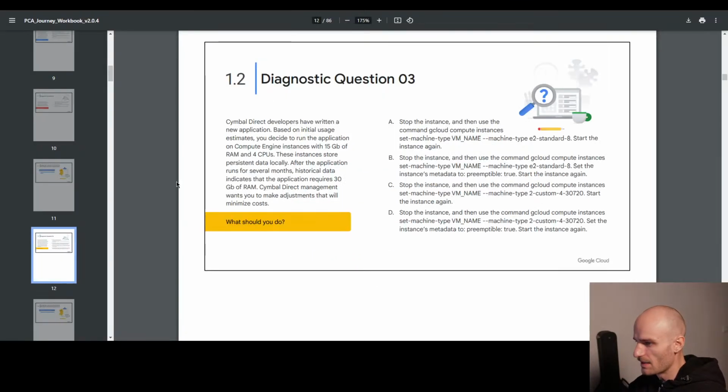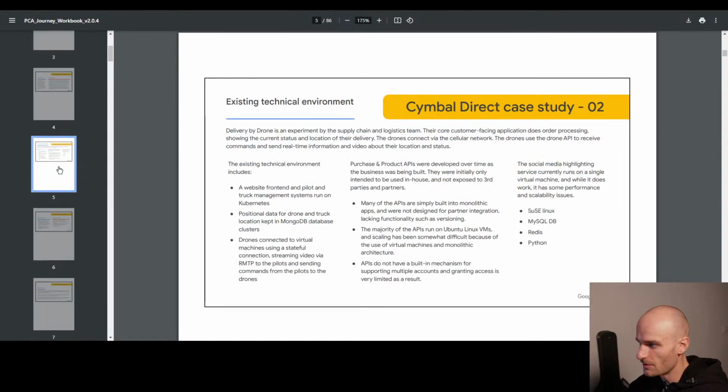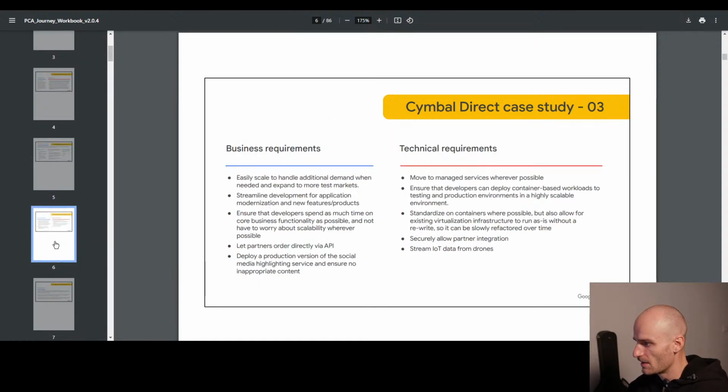Yeah, because I have, let's see, the table with all the requirements and the existing technical environment, technical requirements. Oh yeah. Move to managed services whenever possible. So GKE is managed.